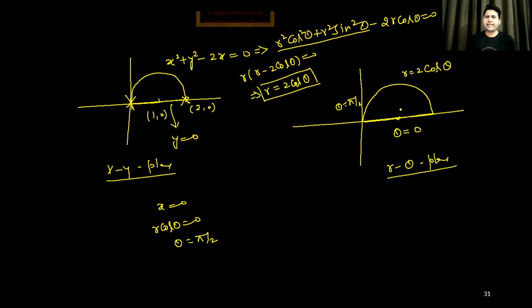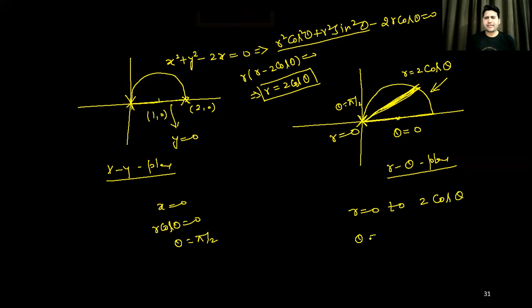Now in order to find the limits, I just take a strip like this, an elementary strip. Now let us see what the limits will be. You can see the value of r over here is 0 because x is 0, y is 0. So r goes from 0 and terminates on this curve, which is 2 cos theta. So r equals 0 to 2 cos theta.